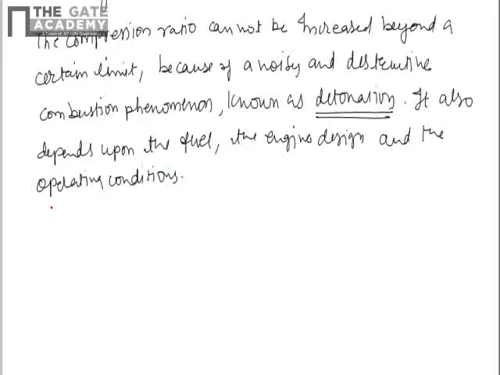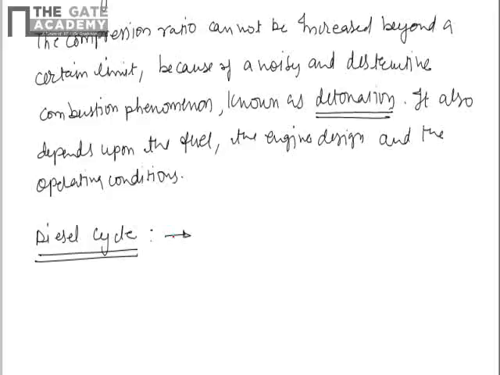Now let's talk about the diesel cycle. We have already seen that in the Otto cycle the efficiency depends on compression ratio, but there is some limitation on the compression ratio. But in the diesel cycle, we are compressing the air alone and then we are injecting the fuel into the cylinder. That is the difference between the spark ignition and compression ignition engine.